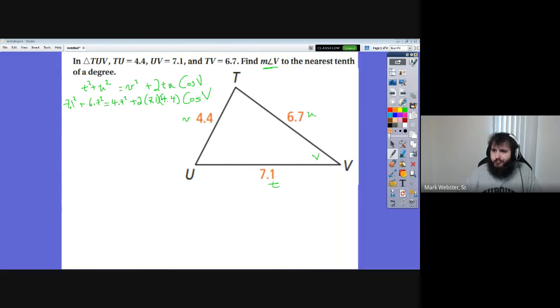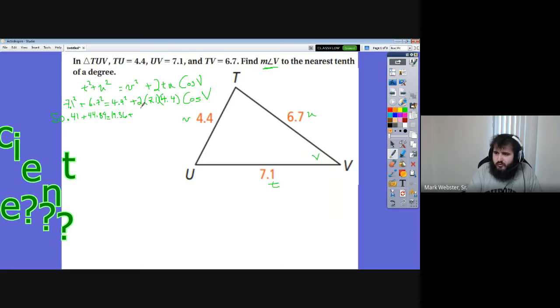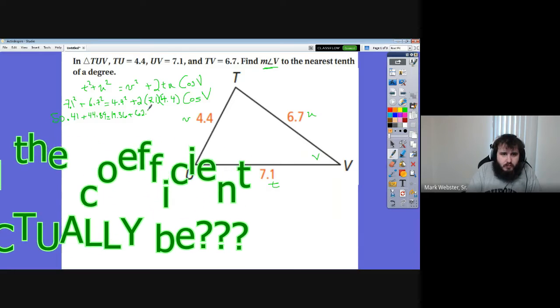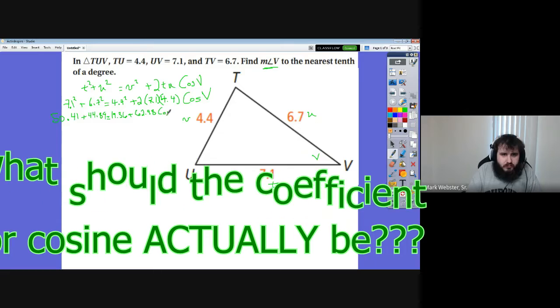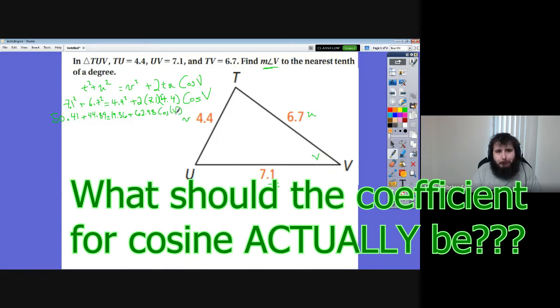Let's move on. 7.1 squared, so we got 50.41 plus 44.89 equals 19.36 plus 62.48 cosine of v, right?